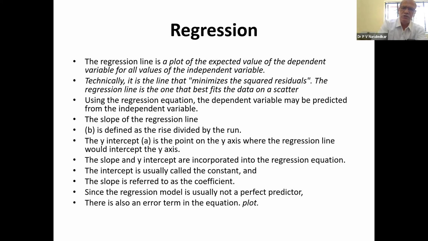Now, how do these residuals come into the picture? Usually, a particular regression equation line is y = mx + c. The m indicates the slope of the line, and c indicates the constant or the intercept on the y-axis. However, each data point is slightly away from the main regression line.